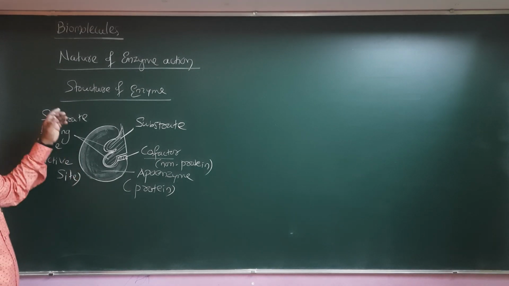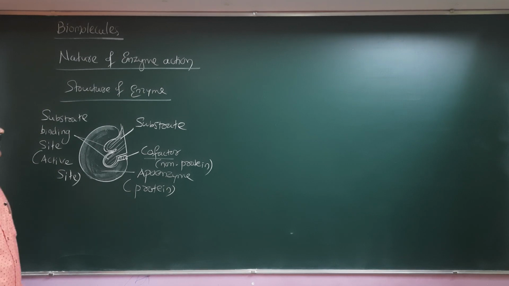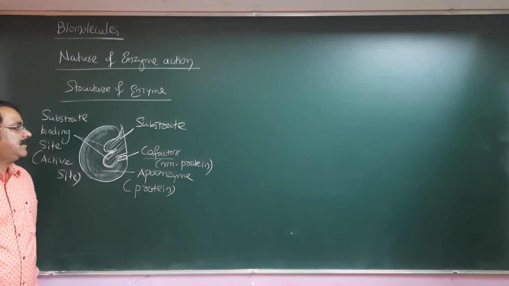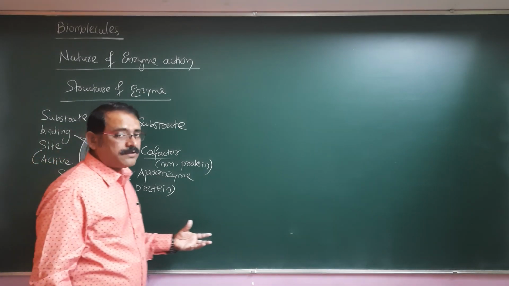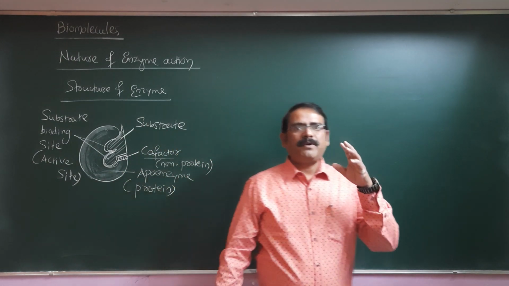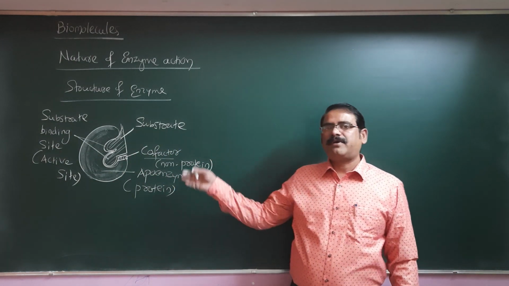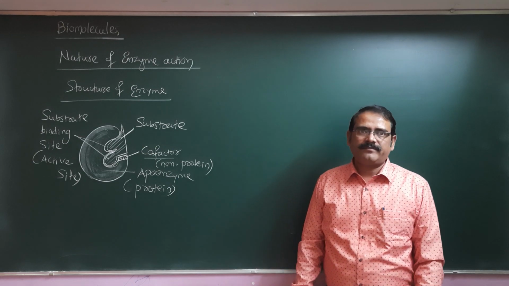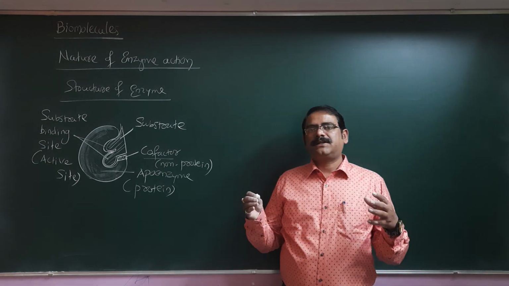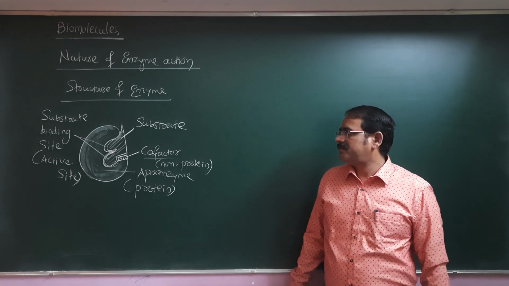Now, in the nature of enzyme action, there will be a conformational, structural analogy. A particular substrate will bind only to a particular kind of enzyme. So enzyme and substrate structures are very specific.